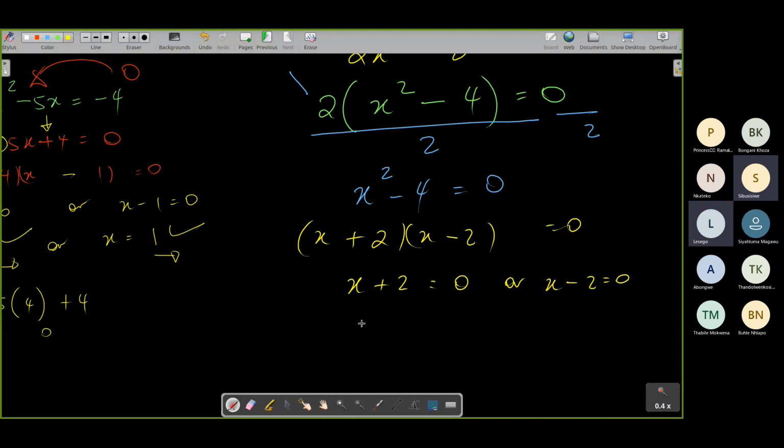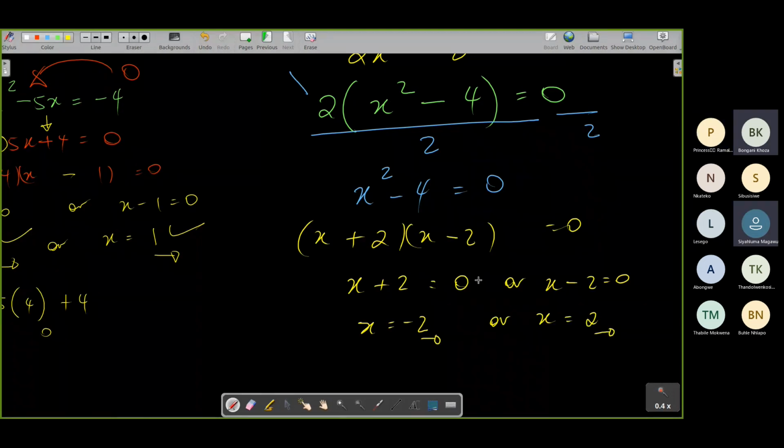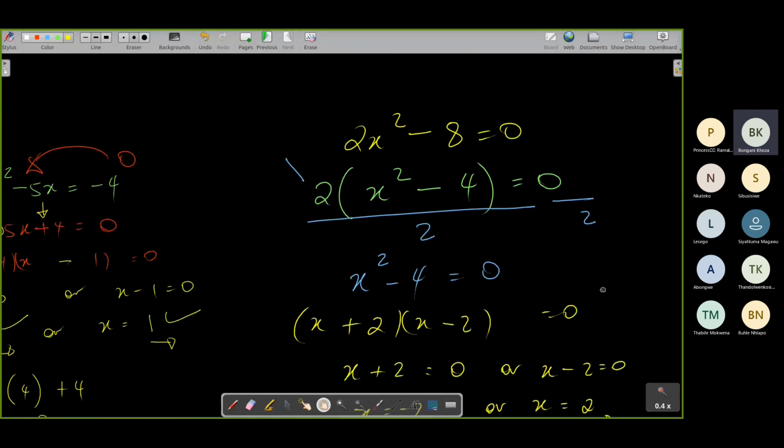We put x equals negative 2, and then x equals positive 2. So those are my two solutions. We can check: if we plug those into our equation, we get 0. You can plug it into the first step or into this step. The left-hand side has to be the same as the right-hand side.